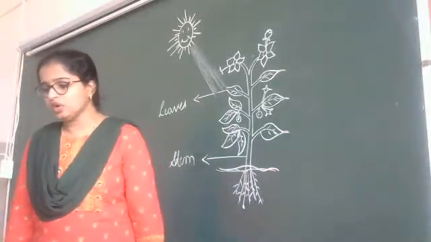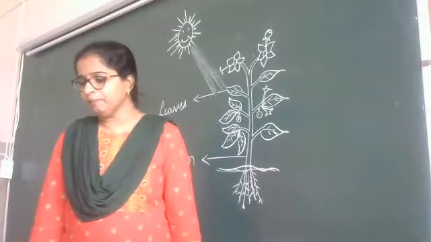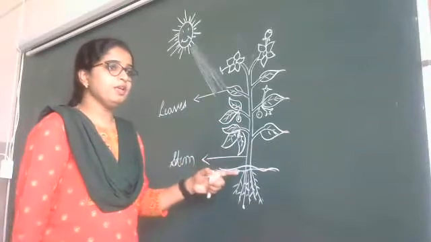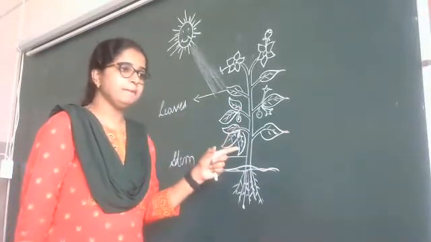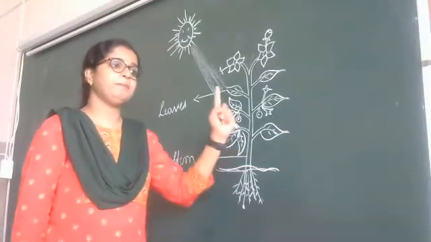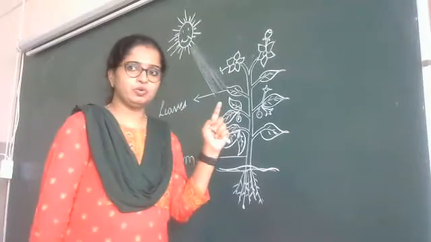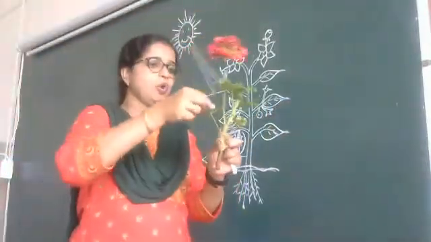It carries water, food and other useful substances to different parts of the plant. This stem is also very important for the plant. If the stem is strong, then only the plant can grow upright.